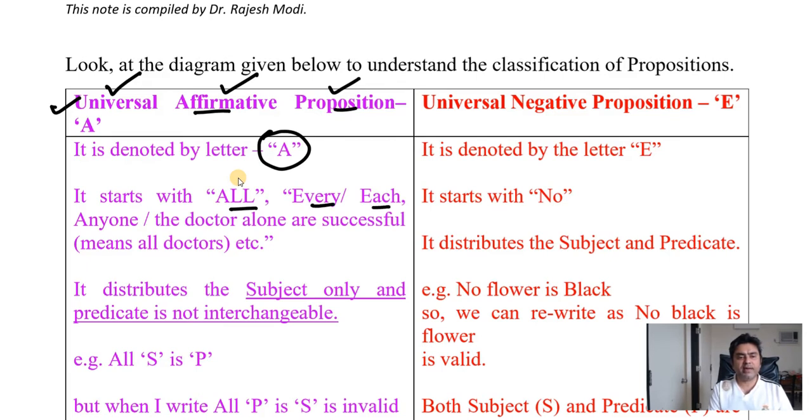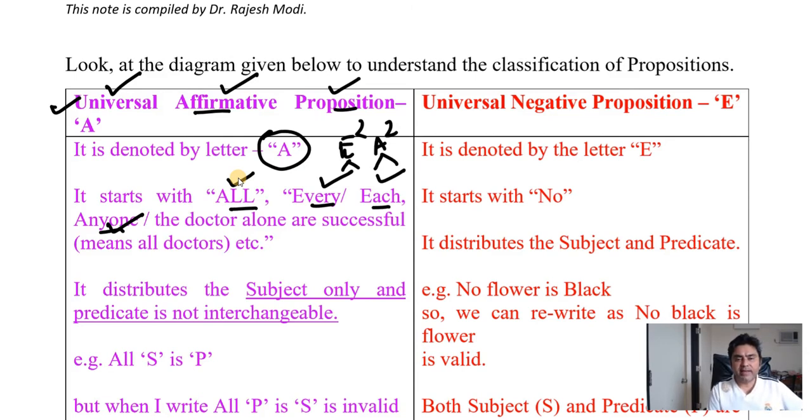These are the catchwords. So whenever there is every, each, all or anyone, it is an indication that this is a universal affirmative proposition.